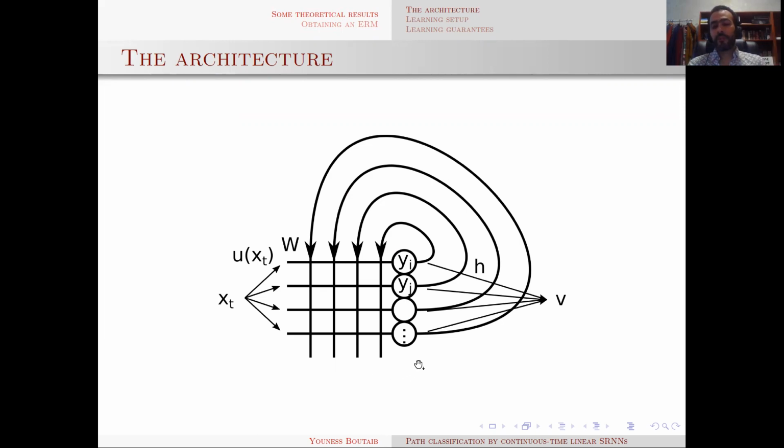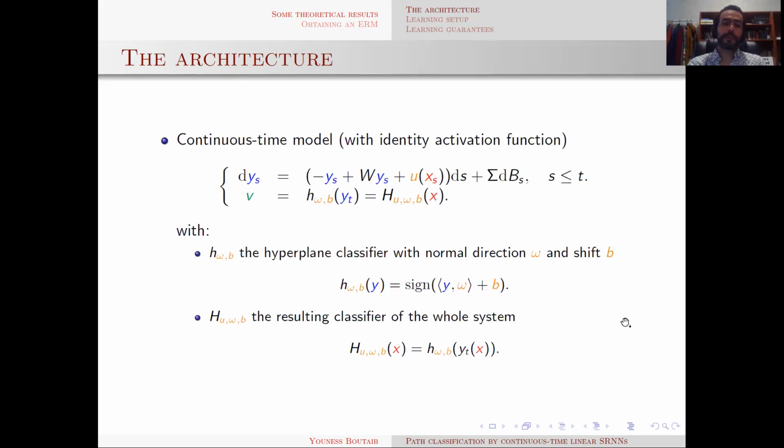So at the end of time, we will have a hidden state y, over which we will apply a hyperplane classifier h to get a label v. More formally, what we have is a continuous time model of the hidden state y.